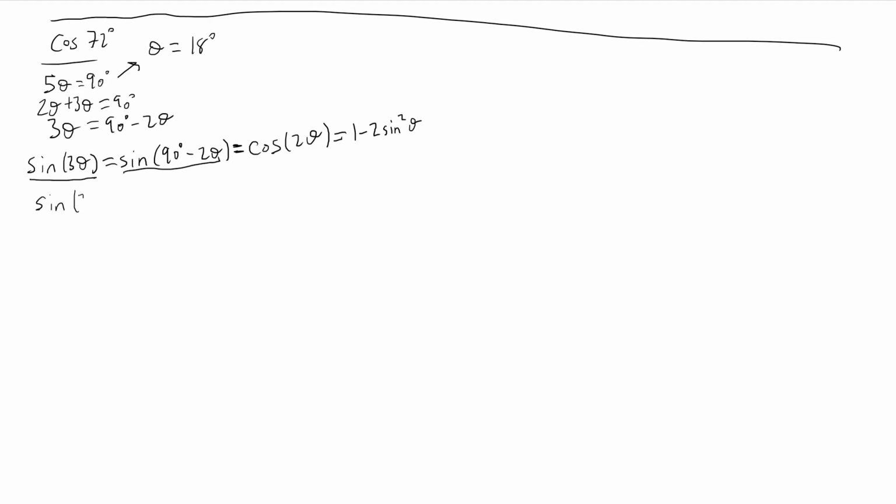So sine of 3 theta is sine of theta plus 2 theta, which you can rewrite as sine theta cosine 2 theta plus cosine theta sine 2 theta.